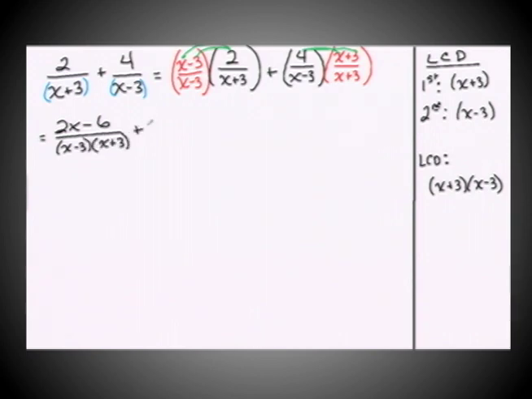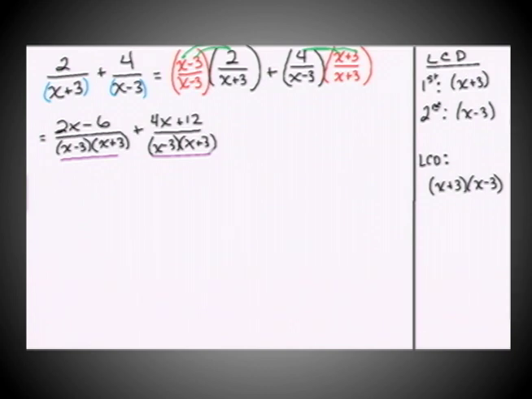And that will be added to, okay, 4 times x is 4x, 4 times 3 is positive 12, so that'll be added to 4x plus 12 over x minus 3 times x plus 3. Hopefully you notice we now have common denominators.